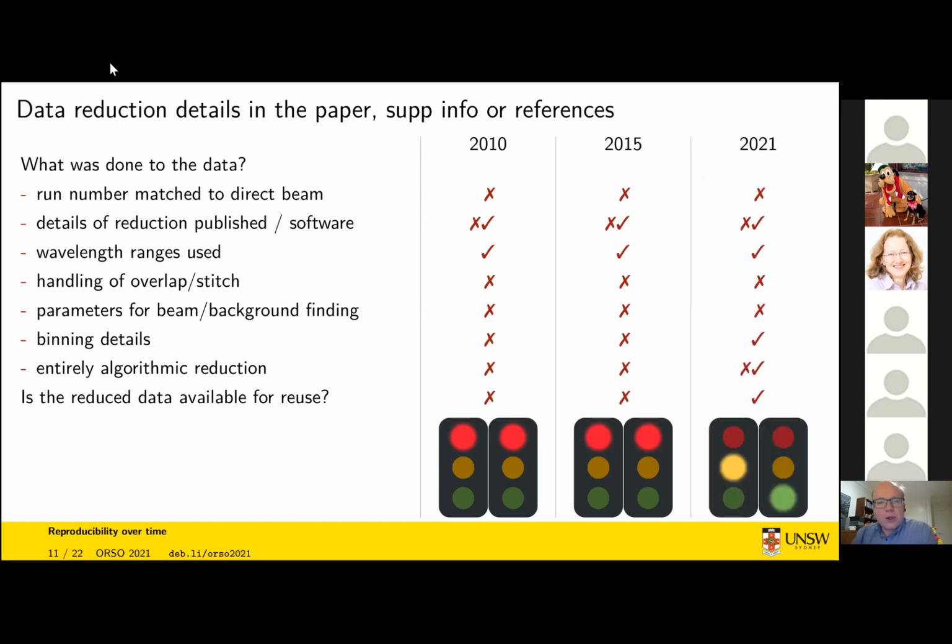In the most recent work, we are at least getting to the stage where the software is usually published, but the algorithm it uses and the parameters that went into it tend never to have been published. We're moving towards more entirely algorithmic reduction, but we're still not quite there yet, and the paper itself has no evidence that it was purely algorithmic reduction.